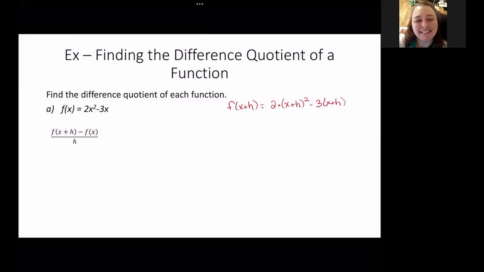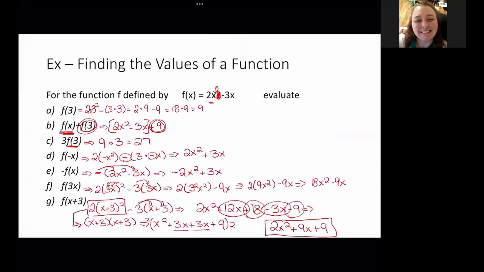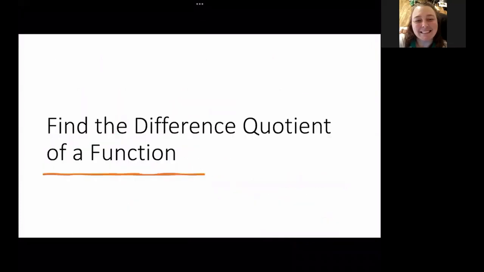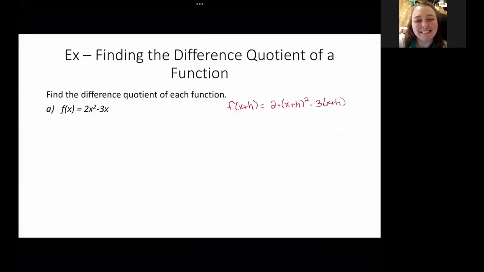Okay, this looks really familiar to the one that we just did, so I'm going to cheat a little bit and go back. It's just like this one, right? But let's go back. So we've got x plus h squared times 2.